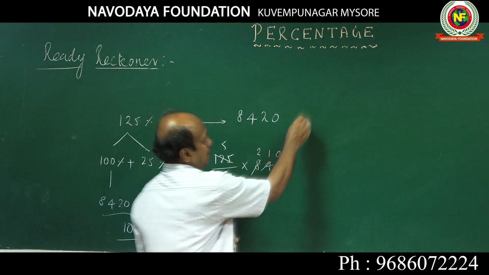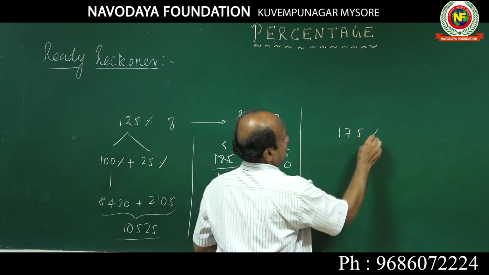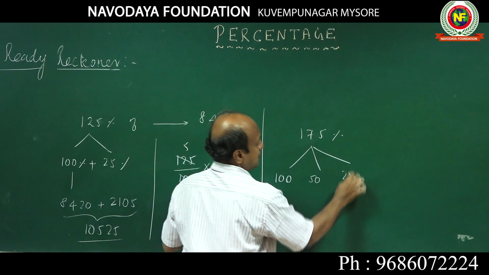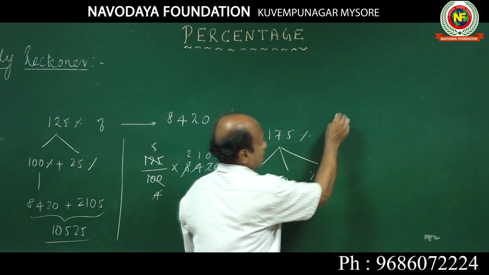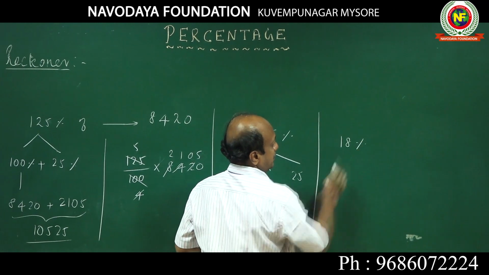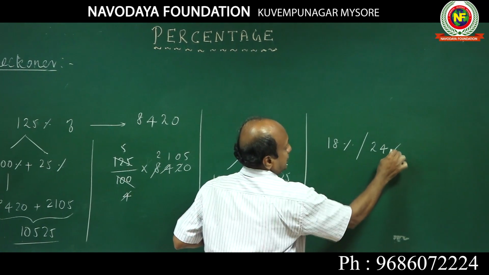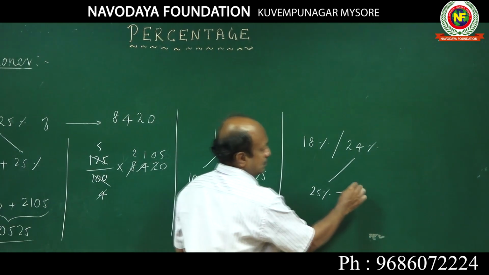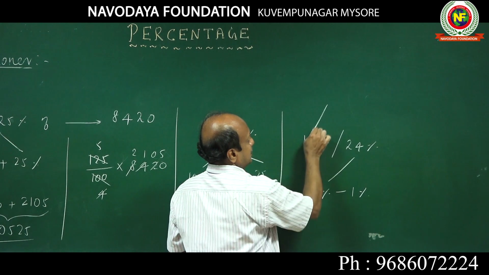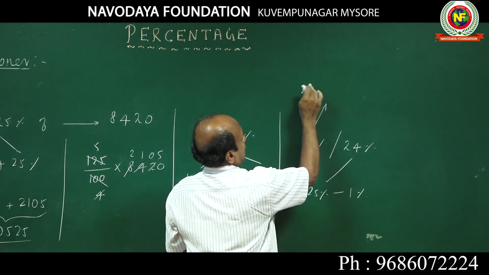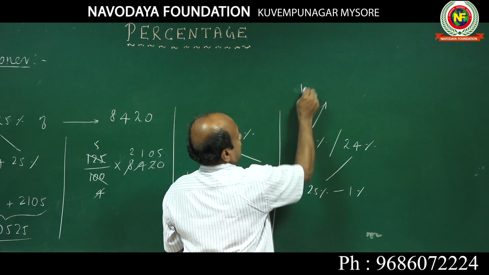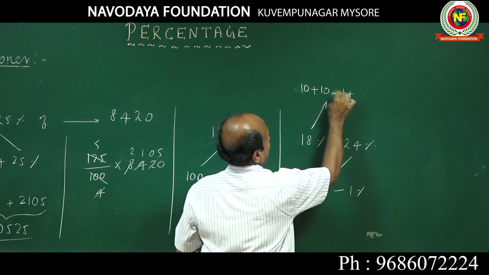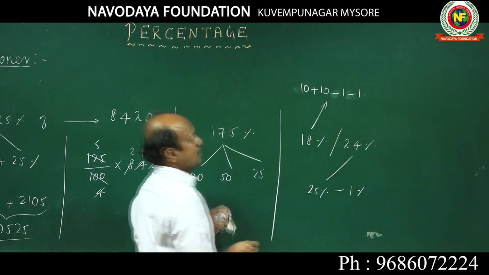Suppose you want to find out 175%, how will you move for it? You have to go for 100%, 50%, 25%. Suppose you want to go for 18% or 24%. 24% you can go for 25% minus 1%. 18% you can move in a different way. First you can find out 10 plus 10 plus 1 minus 1 minus 1, right, 18 percentage.